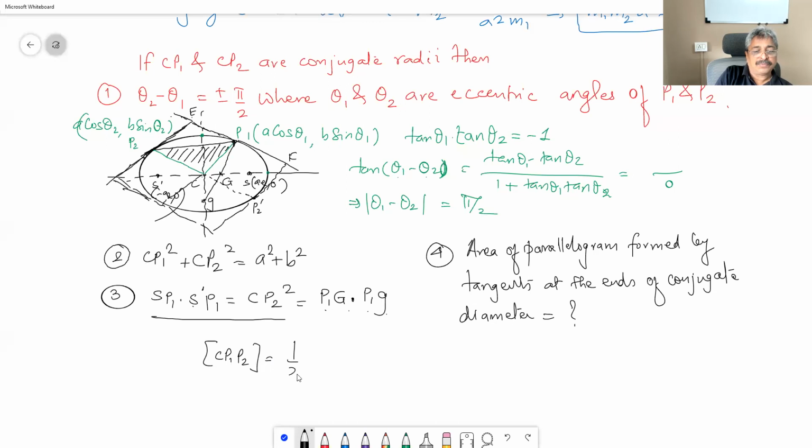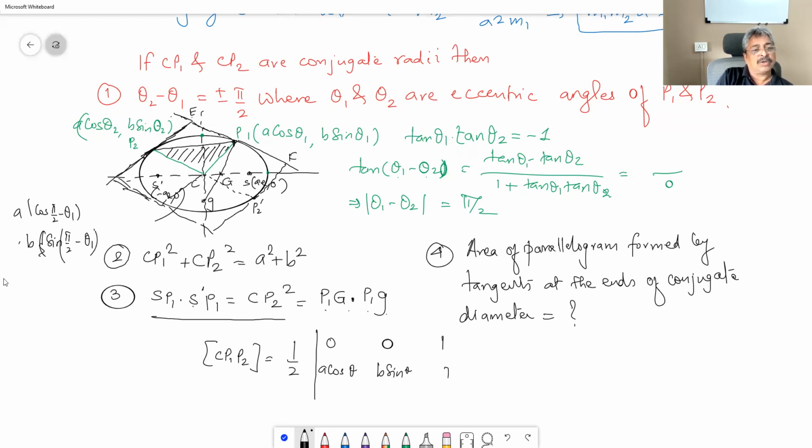you use half determinant, coordinates of C 0, 0, 1, coordinates of P1 A cos theta, B sin theta, 1, and now you can express P2 in terms of P1 because A of cos pi by 2 minus theta 1, comma B of sin pi by 2 minus theta 1, correct?